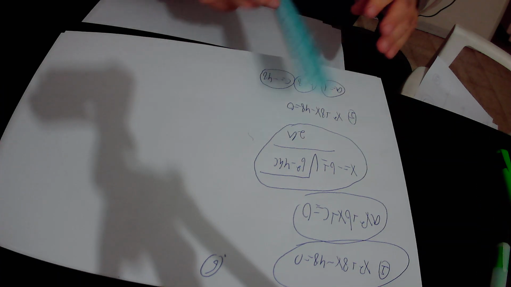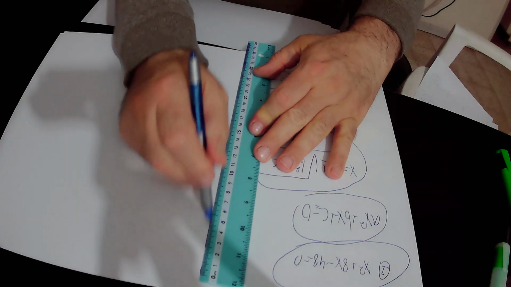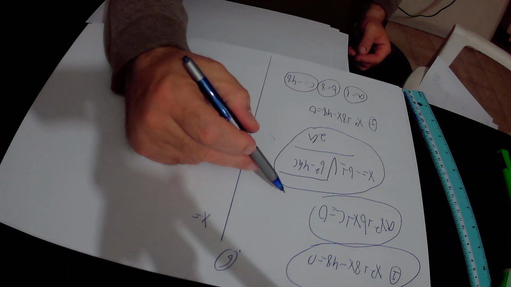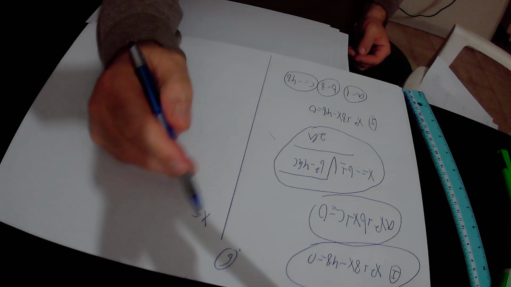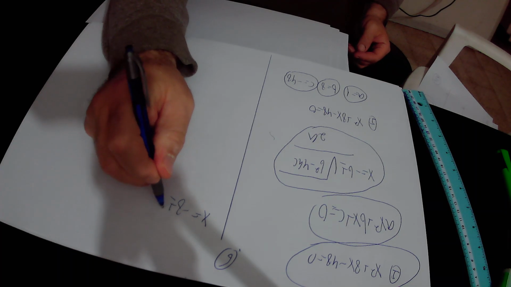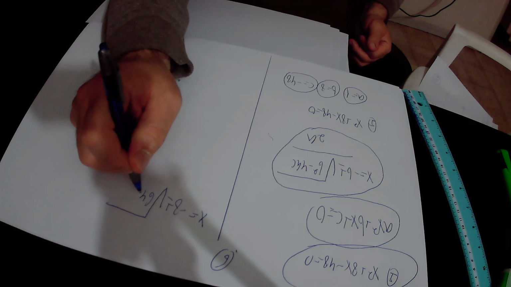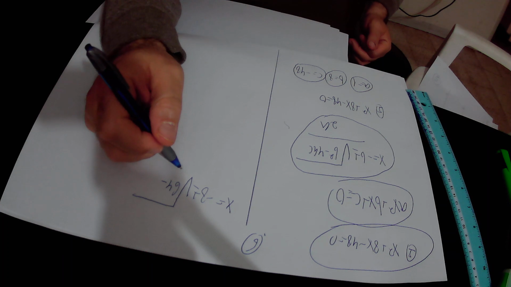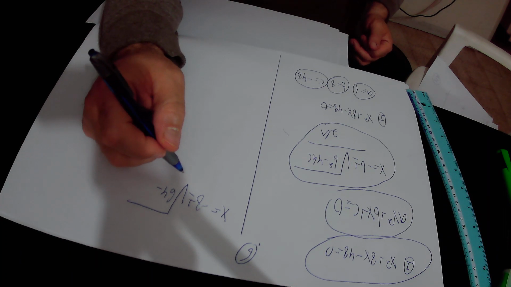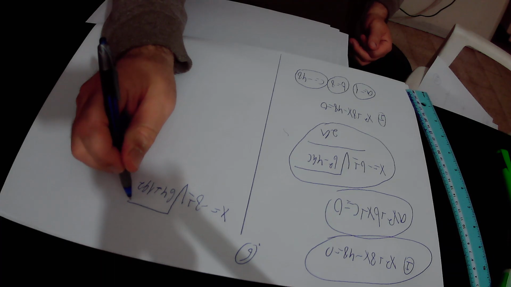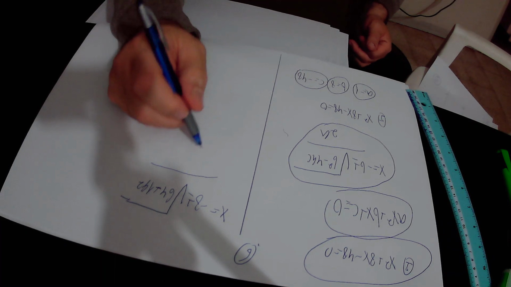So we'll do it now, and we get that x equals minus b. b is 8, therefore minus b is minus 8, plus minus square root of b squared. b squared is 8 squared, that is 64, minus 4 times a, which is 1, so minus 4 times 1 is minus 4, times c. c is minus 48, therefore minus 4 times minus 48 is plus 192, divided by 2a. a is 1, so 2a is 2 times 1, that is 2.